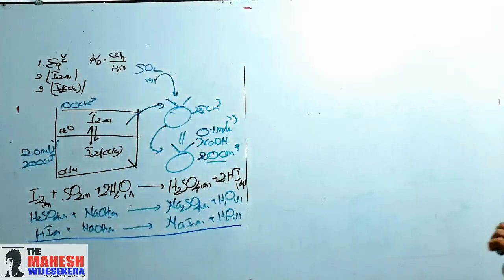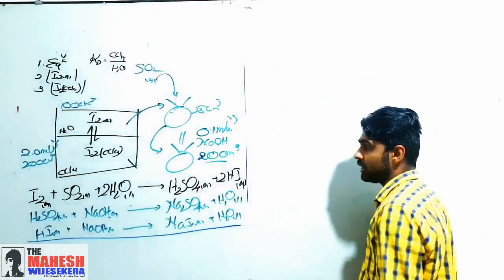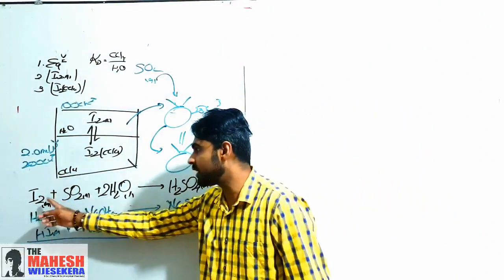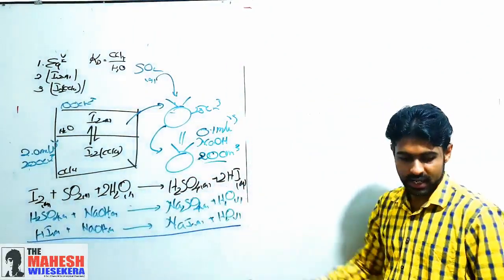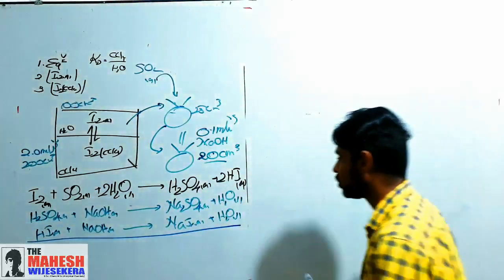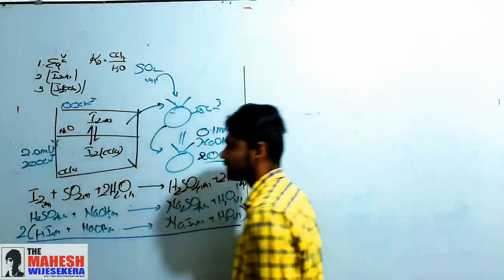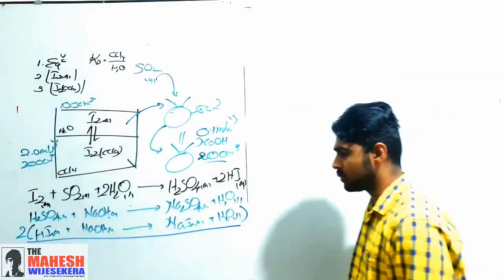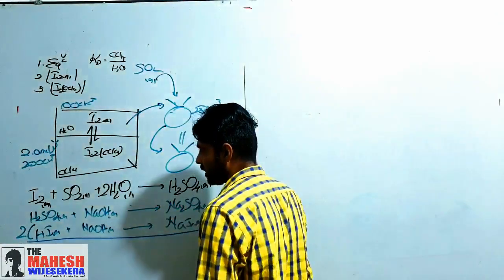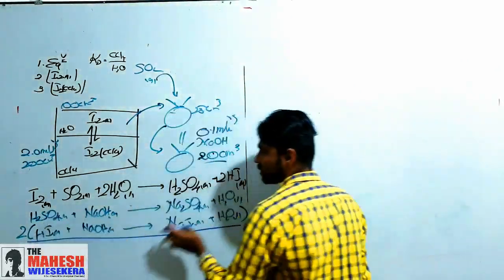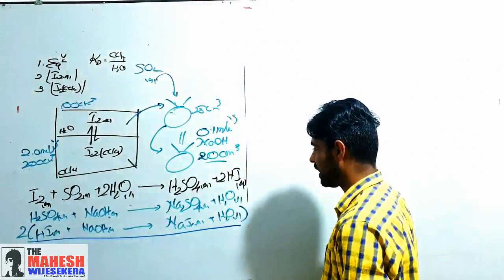According to the first equation there are two HIs, so I have to multiply the third equation by 2. Then HI cancels out, H2SO4 cancels out, and some water also cancels out.